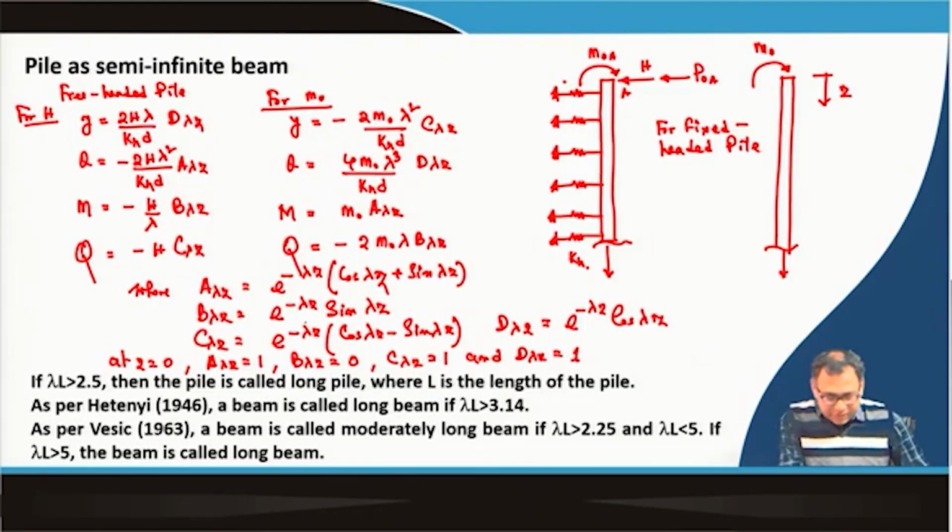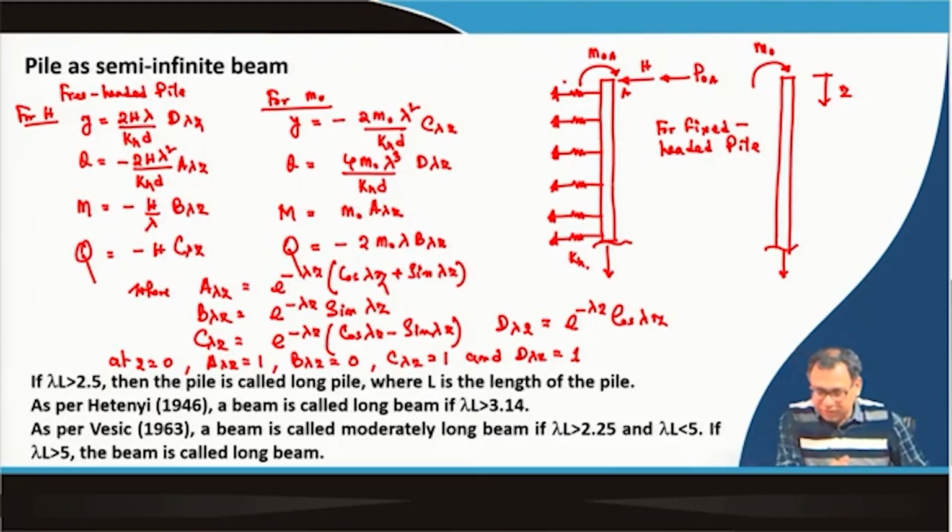So, we will equate the slope due to the h. Again, as I mentioned, we will not consider the sign, we will consider only the magnitude, because h and moment are acting in opposite directions, which is the only case in which the net slope will be 0.